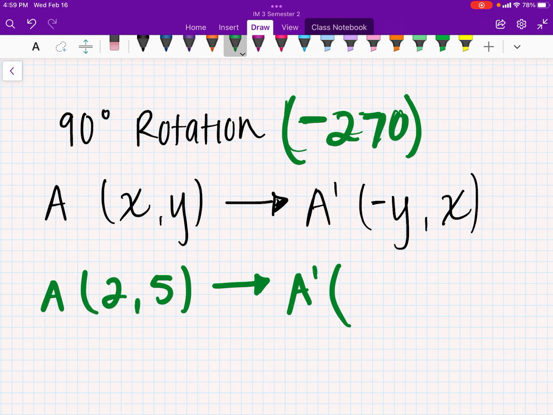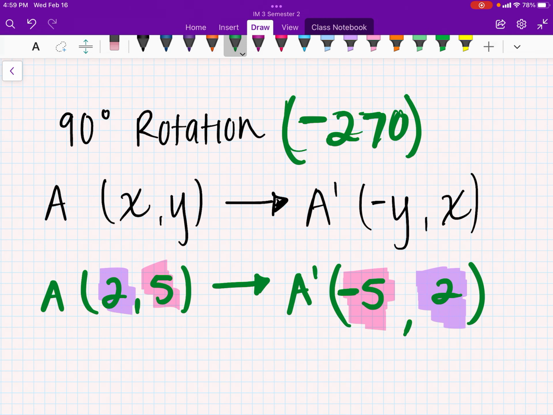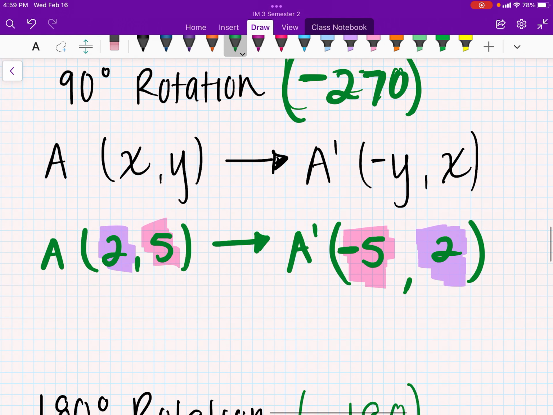So then my new point for A prime is Y first. Our Y in this case was 5, so that's going to go here. And then X in this case is going to be the new Y, so it's going to go there. Now, the only thing different in this case is that the Y is going to be negative. So it's going to be (negative 5, 2). Once again, we're switching the order for X and Y, and the Y is negative.